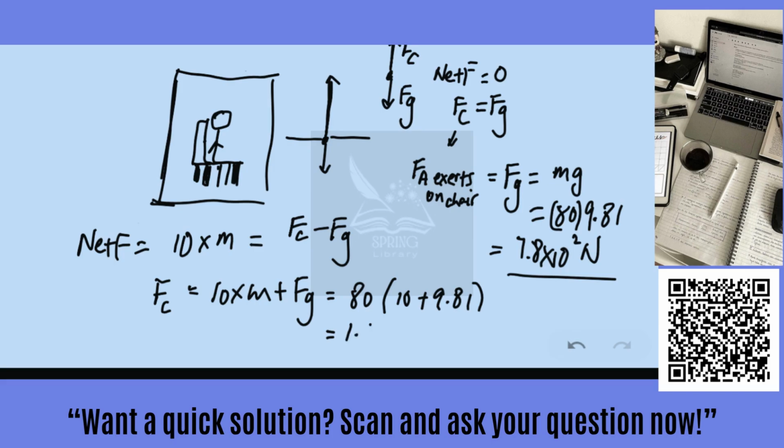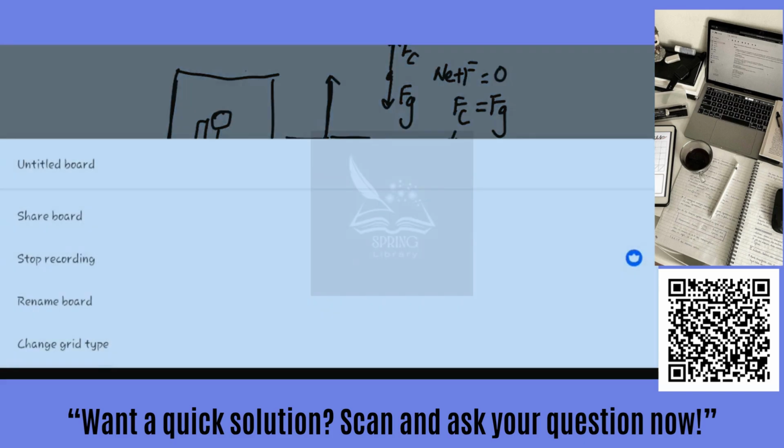This is 1.6 times 10 to the power 3 newtons. By Newton's third law, this force due to the chair acting on the astronaut is equivalent to the astronaut acting on the chair. Right? So this is the force that is required.